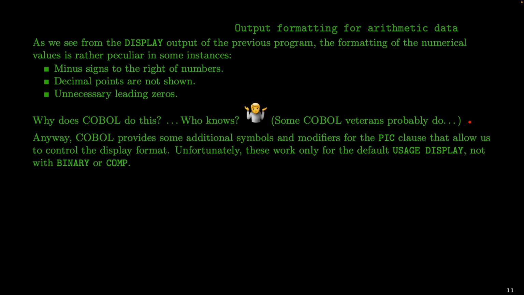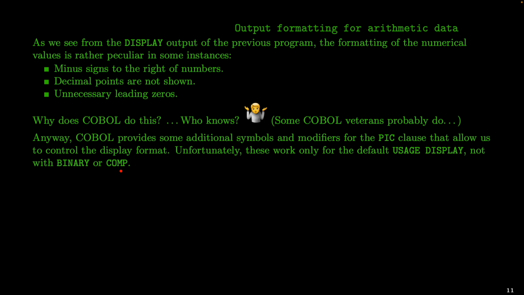Nevertheless, COBOL does give us some symbols and modifiers for the picture clause that allow us to control the format of the display and to make it more pleasant. Sadly, these additional modifiers just work for usage display, so not for the binary or the computational usages of numbers.